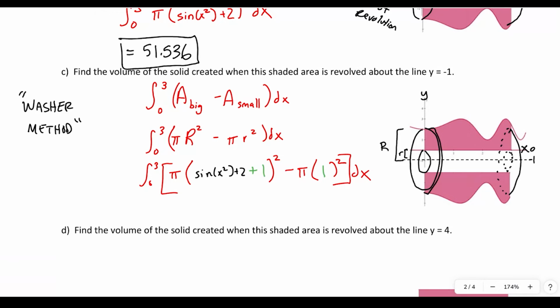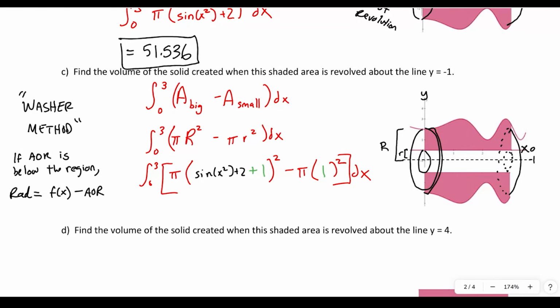Now, it might be nice to come up with a generic way to come up with this radius. So that's what I'm going to write down next. If the axis of revolution is below the region, then the radius will be the function minus the axis of revolution.